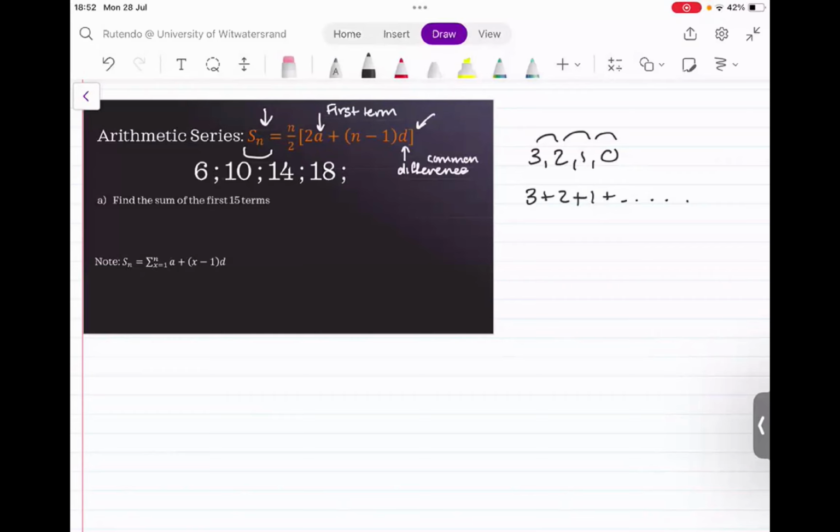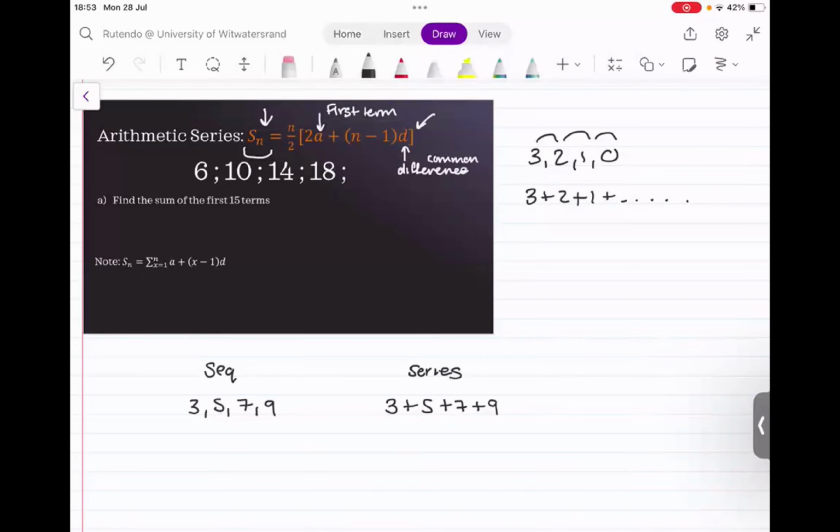Again, the difference between sequence and series is just that. A sequence is a pattern of numbers that they're just listing. So you'll have 3, 5, 7, 9. Whereas a series now has pluses, so you're trying to add up the things in this pattern: 3 plus 5 plus 7 plus 9.